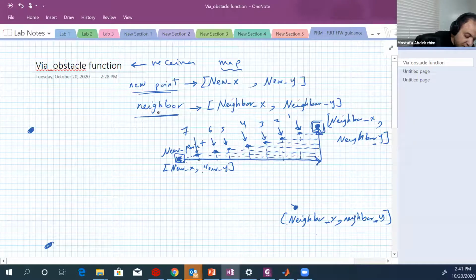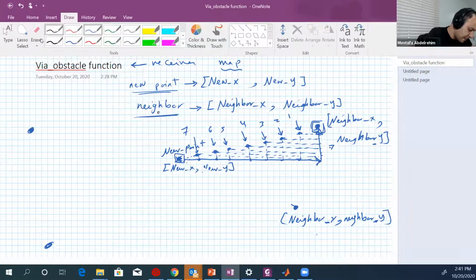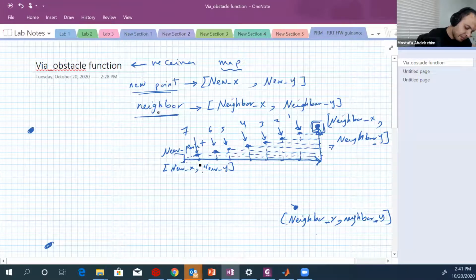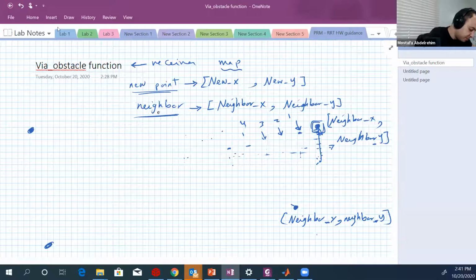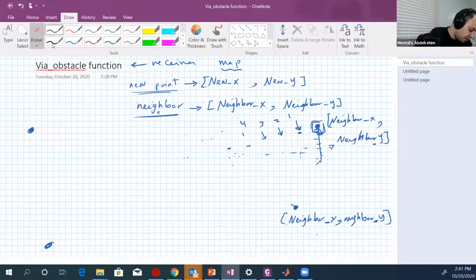The number of points on Y is also 7, and the number of points here is also 7. It's really ugly, so let me draw it nicely. Sorry for this. I will draw it a bit bigger to make it more clear.